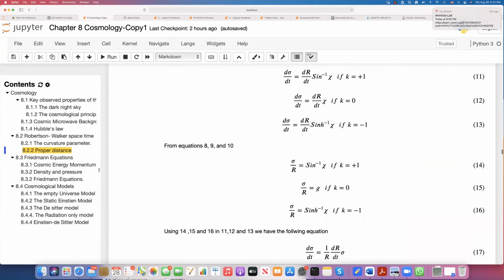Which means you can now take each of these expressions and plug them into these three equations, 11, 12, and 13, right? So for the sine inverse chi, you can plug sigma over R right here, and that will give you equation number 17.